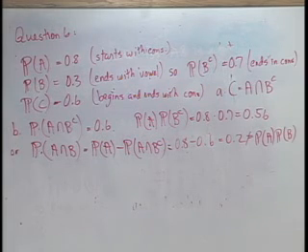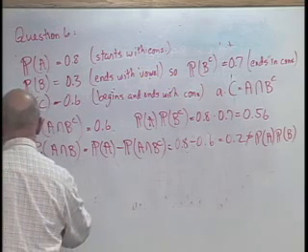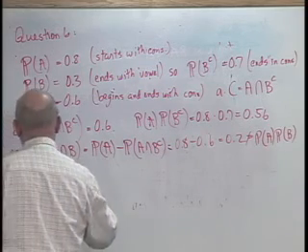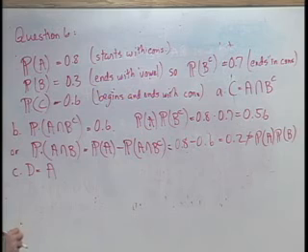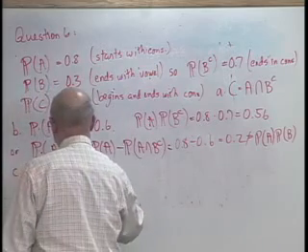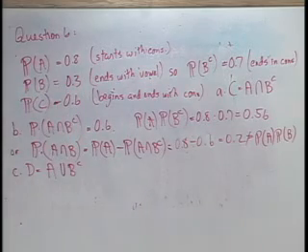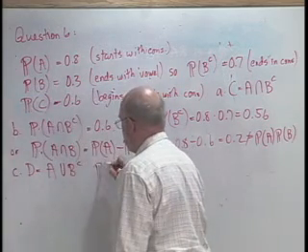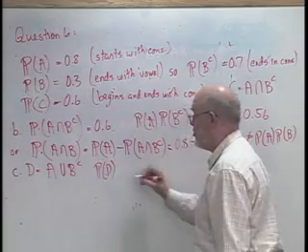Express this event in terms of A and B. Well, that is the union of starts with a consonant and ends with a consonant, A union B complement, and we can calculate its probability by inclusion-exclusion.